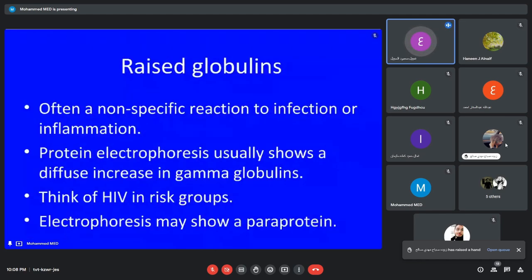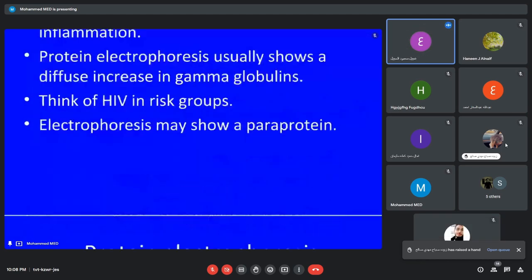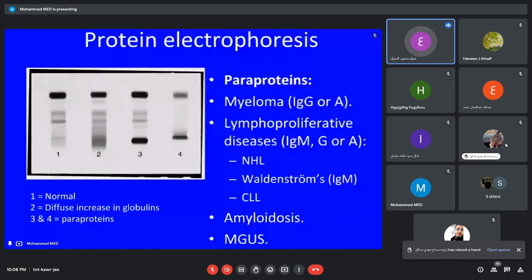Raised globulin is often non-specific. Protein electrophoresis will show a diffuse increase in gamma globulin. A diffuse increase indicates that it's probably secondary to infection or inflammation, or if only one of them is high, this is suggestive of multiple myeloma or of the benign gammopathy I have described to you. So protein electrophoresis is required, and this is protein electrophoresis.